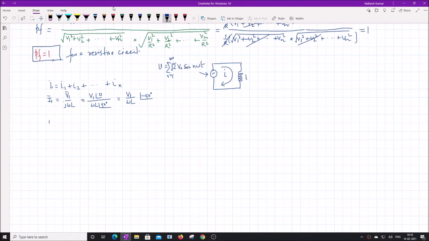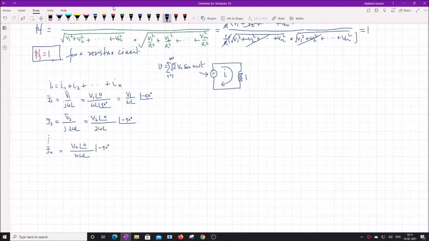I2 is V2 by j 2 omega L, because now the frequency is twice. So this becomes V2 angle of 0 divided by 2 omega L angle of 90 degree, giving minus 90 degree. And this goes till we have In. So In is equal to Vn angle of 0 divided by n omega L angle of 90 degree, that is, minus 90 degree.